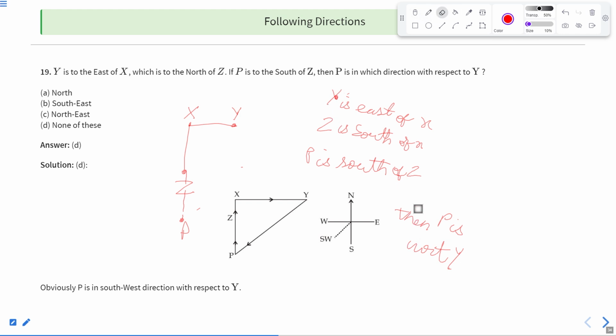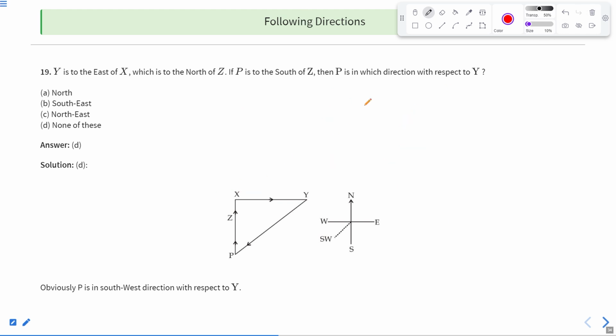One thing I can immediately say is, as can be seen from this diagram, P is in this direction. This direction is clearly two directions, one a northward component and one an eastward component. Therefore, northeastern is the answer. Y is northeast of P. Therefore, P is southwestern of Y, which is our answer.